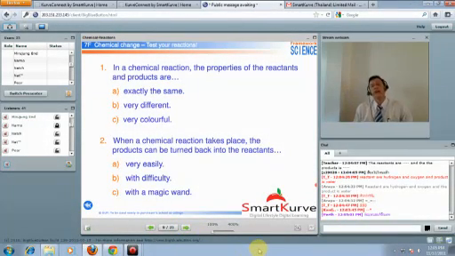Okay, tell you what, let's take a little quiz. Number one, in a chemical reaction, the properties of the reactants and the products are what? Well, let's look at rust.